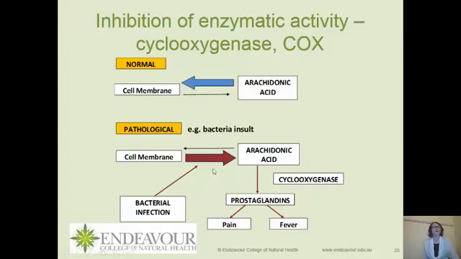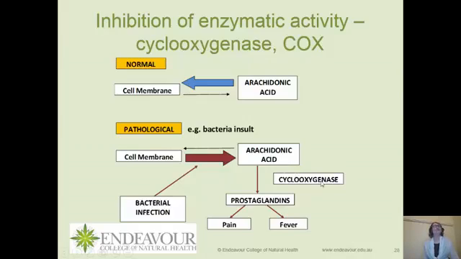It's only when there's an insult that large amounts of that arachidonic acid remain and build up because of this enzyme, cyclooxygenase, which then converts that arachidonic acid into other chemicals. So more and more of this arachidonic acid can then be made in response to that bacterial infection or other insult.